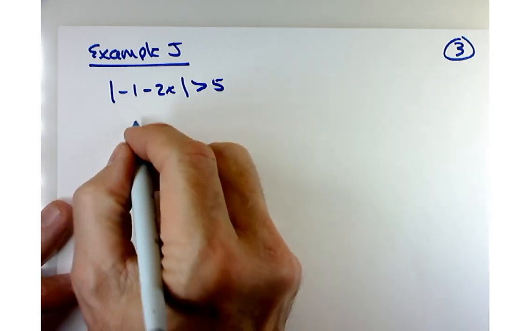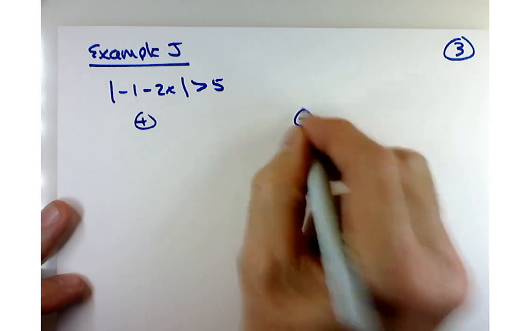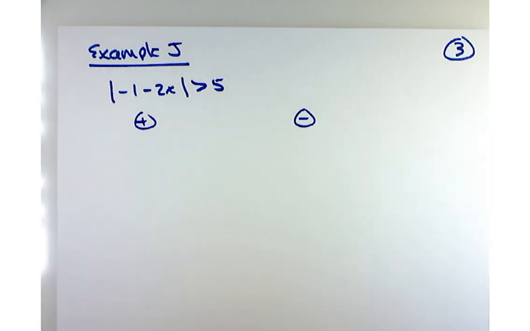Let's just attack it the way we've attacked all our absolute value problems so far, by working on a positive case and a negative case. So why don't you take a moment, see if you can write down those two cases for yourself first.